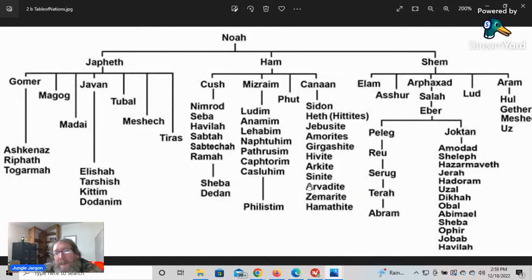The only one that's not there is this Sinite tribe, which is Sinim, the tribe of Sinim, which is the namesake of China. Turns out there is a DY chromosome which lines up with the E1, the E2, and E3, E2 being Canaan.